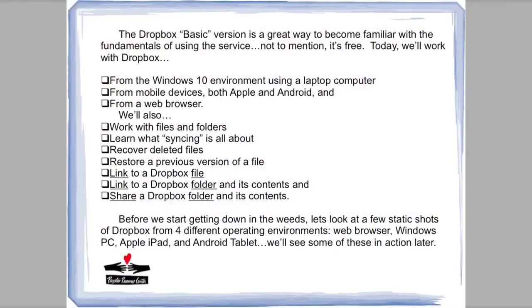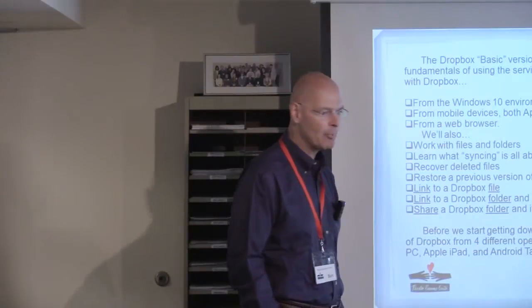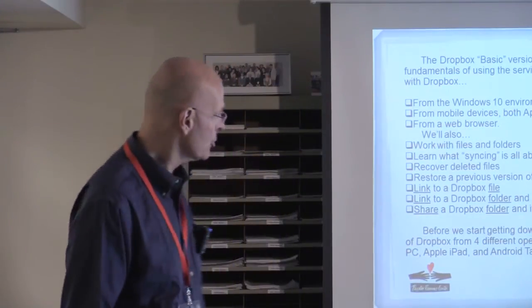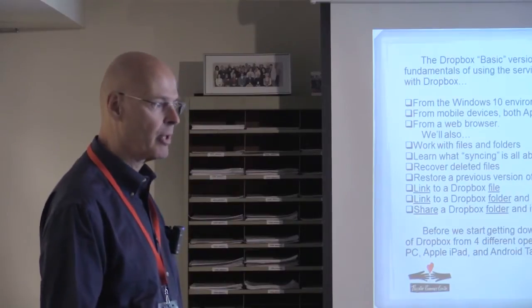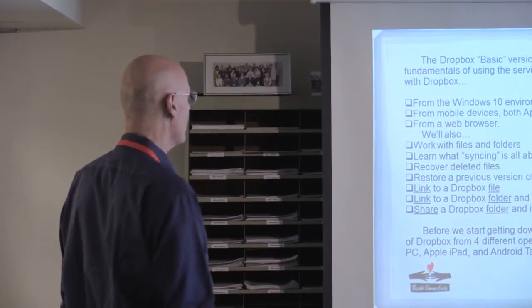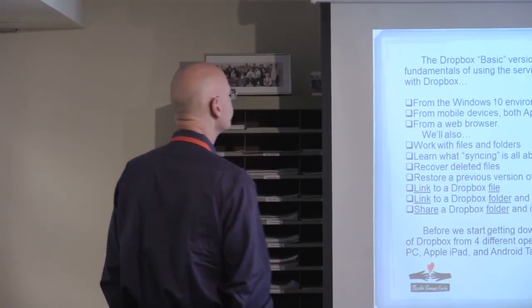And we're also going to access Dropbox from a couple of different mobile devices. An iPad, which I've got here, and we're going to cast that up on the screen so you see how it looks on an iPad device. And we can also access it from Android, although we won't be able to display that on the screen.